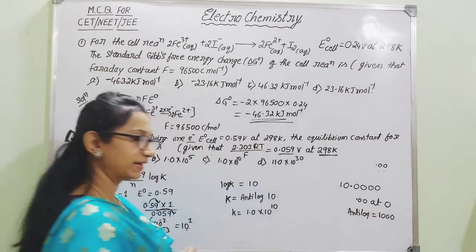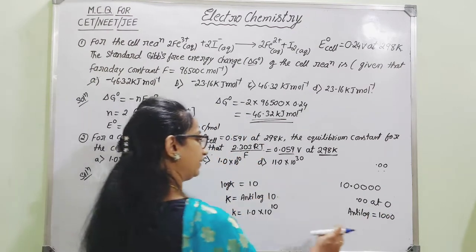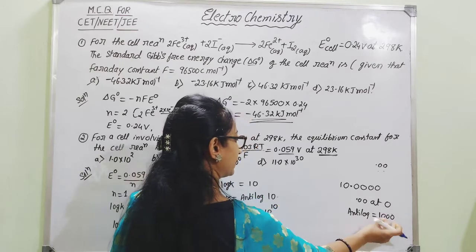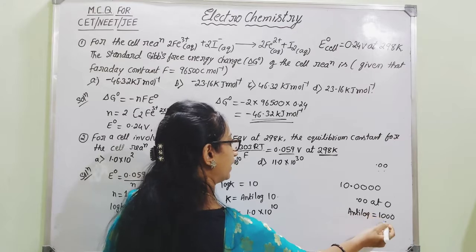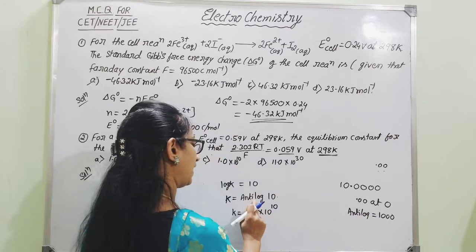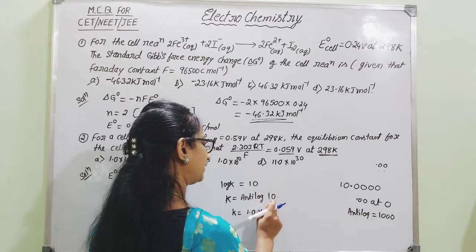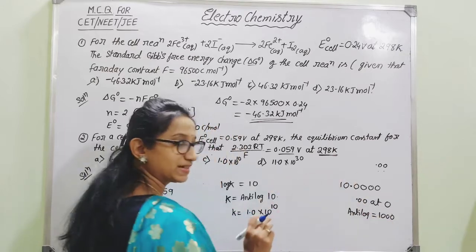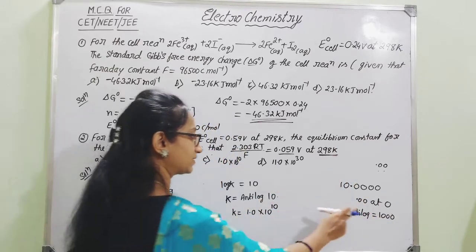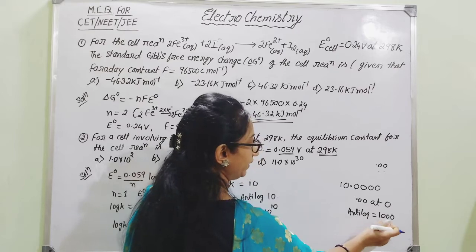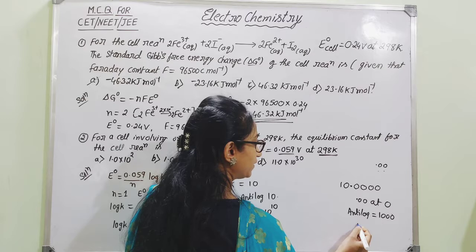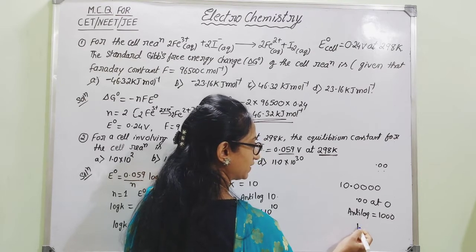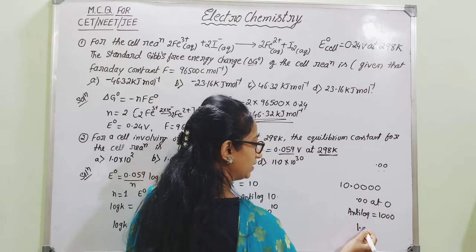Now you will get 1000 like that. But you should not retain this number as it is as the final answer. While writing the final answer, anti-log of 10 can be written as 1000, but there will be a certain characteristic. To put that characteristic, for any anti-log answer you have got, after the first number you have to write the point.